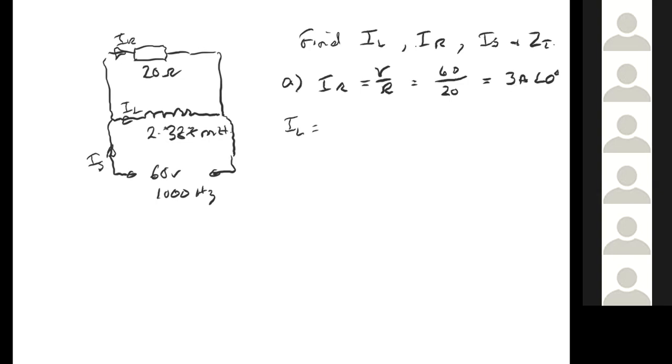Yeah, good start. You realised we can use Ohm's law. I'll just put it down here. IL equals V over XL. But first of all, we need to find XL. How do we calculate that?